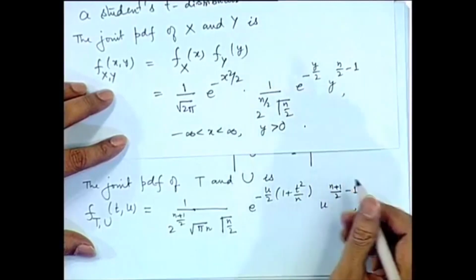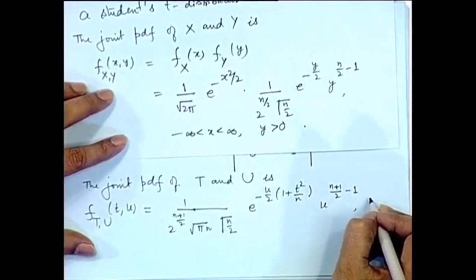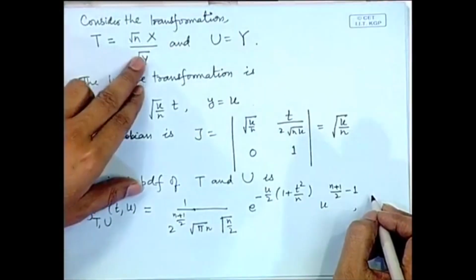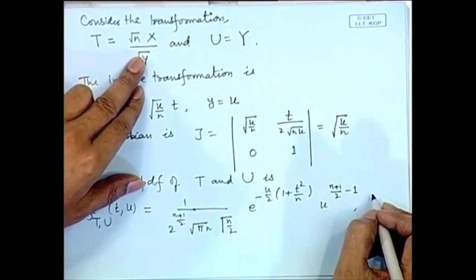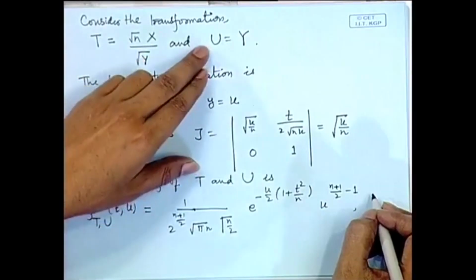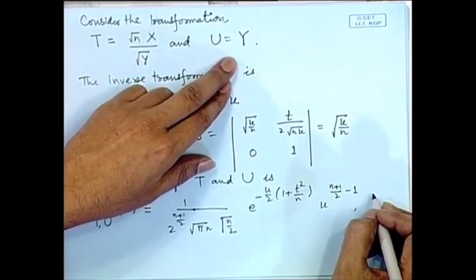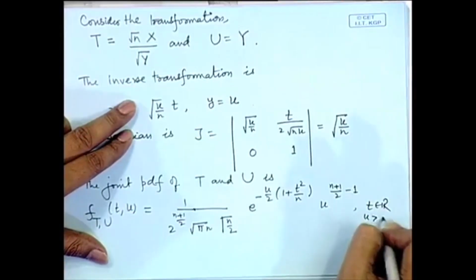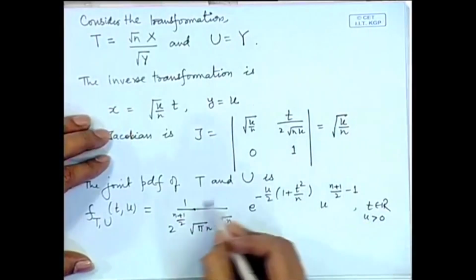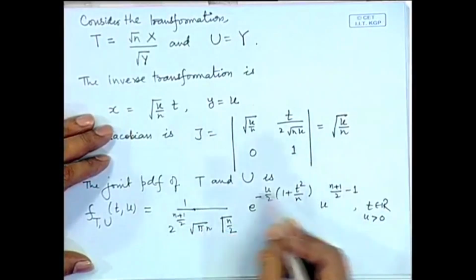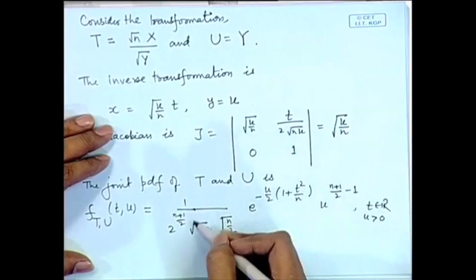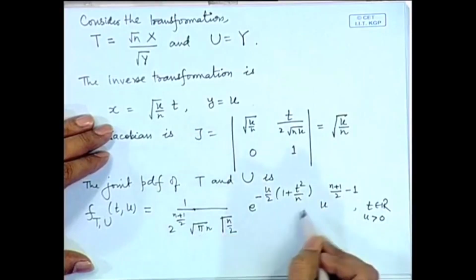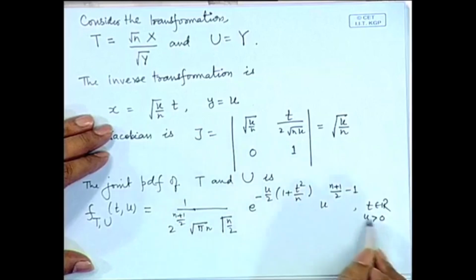So, this is after combining the coefficients, and another thing you observe here is that if we make this particular transformation, the range of t remains from minus infinity to infinity and u is the chi square variable. So, u is positive. So, t belongs to R and u is positive. To get the density of t, we integrate this joint density with respect to u from 0 to infinity.